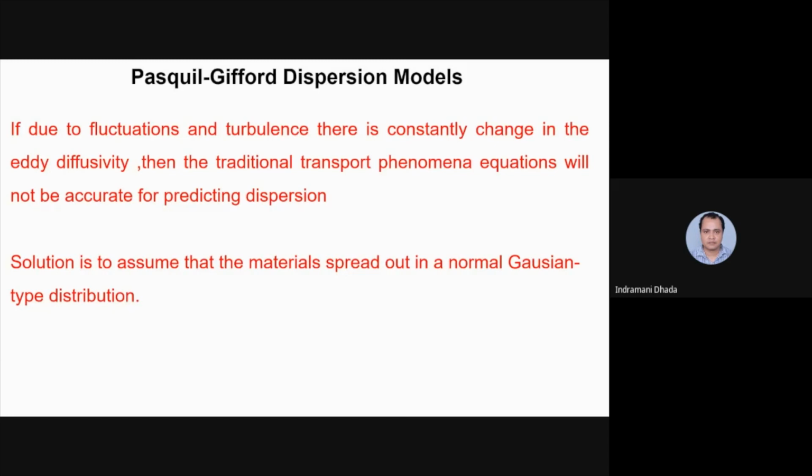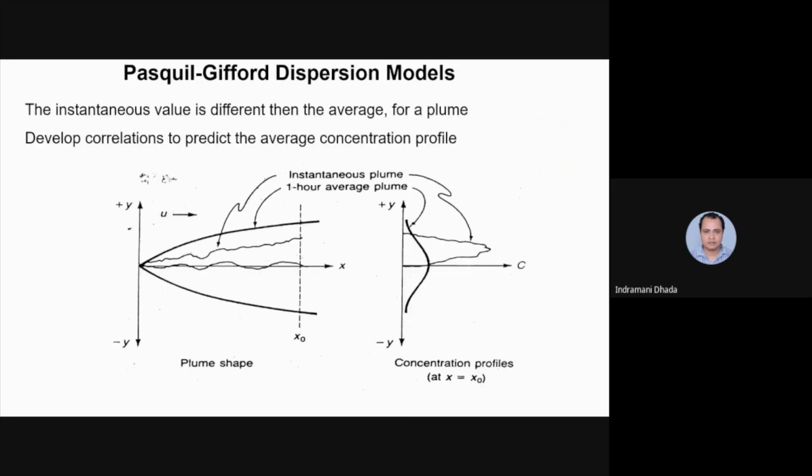In our chimney, whatever pollution we are getting is due to fluctuation and turbulence. There is constant change in the eddy diffusivity, and the traditional transport phenomenon equation will not be accurate for predicting the dispersion. The solution is to assume that the material spreads out in a normal Gaussian type distribution. That is our assumption, that the material is dispersed in a Gaussian distribution pattern.